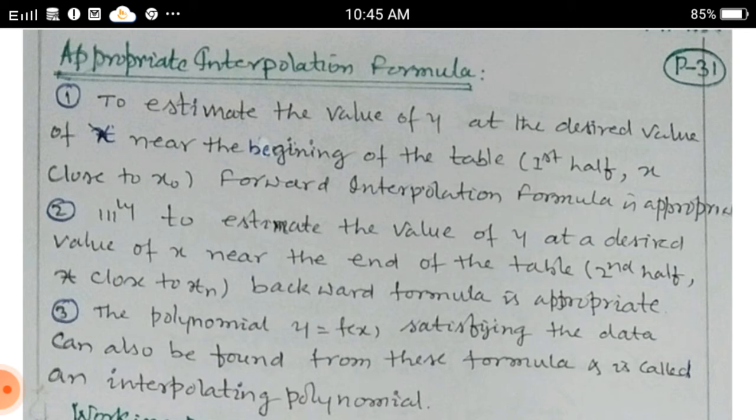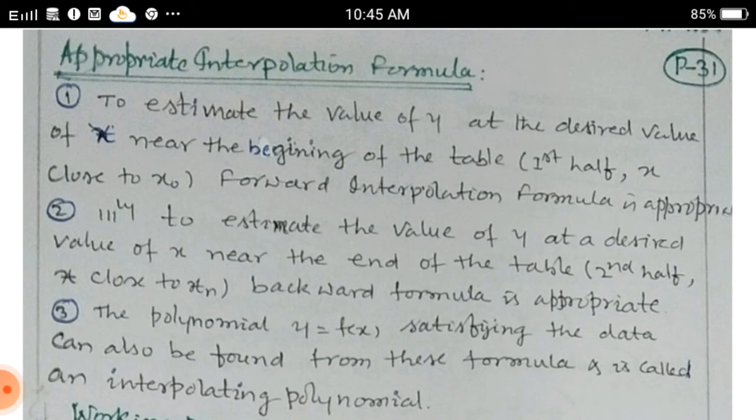Okay, first step. Estimate the value of y at the desired value of x near the beginning of the table, that is first of, or x close to x naught. The forward interpolation formula is appropriate.